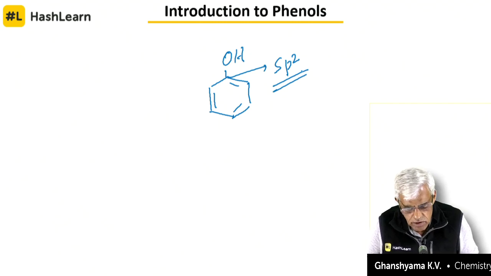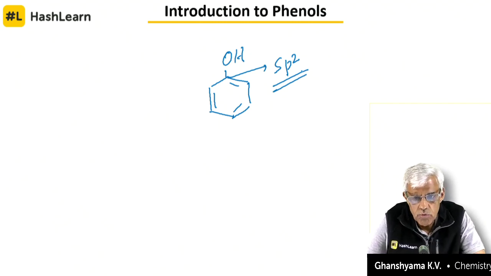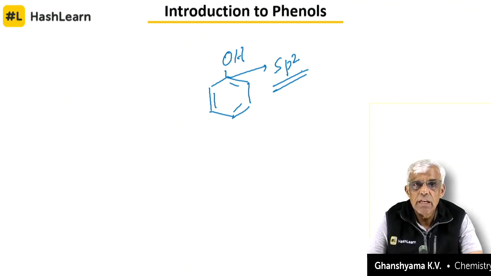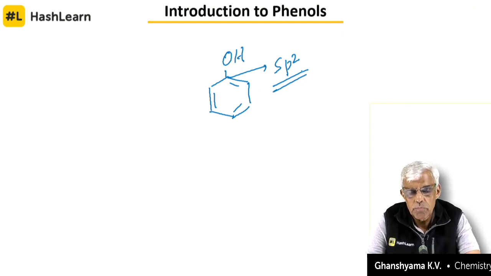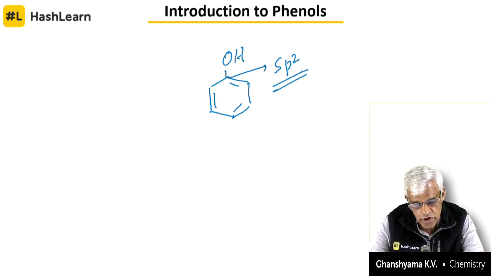So, phenol is an aromatic compound in which the OH group is connected to sp2 hybridized carbon atom of the benzene ring.